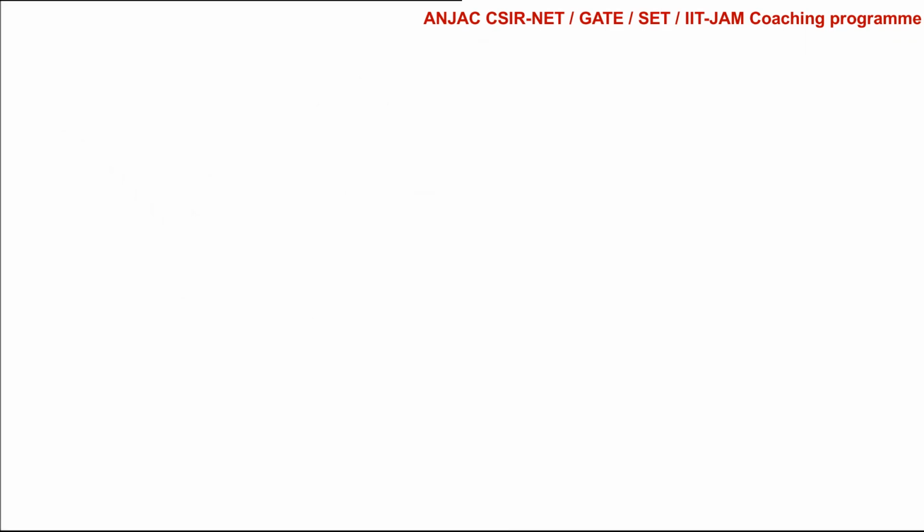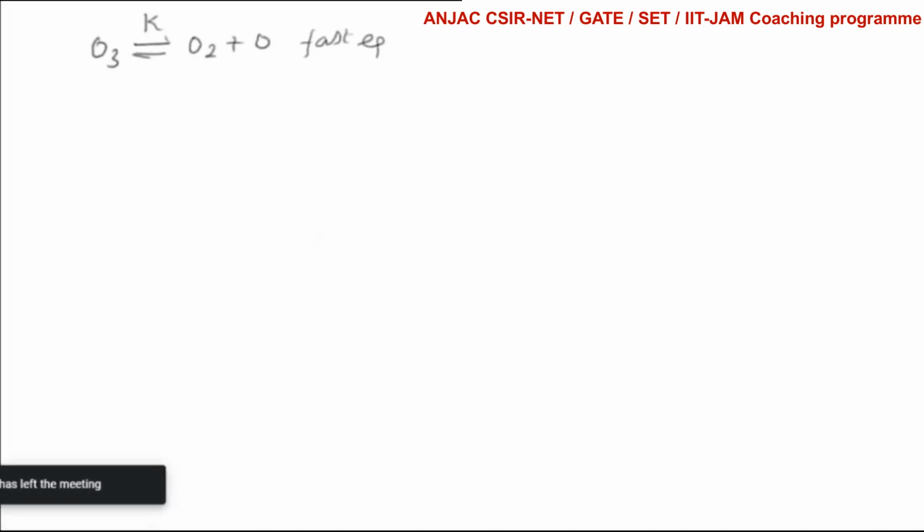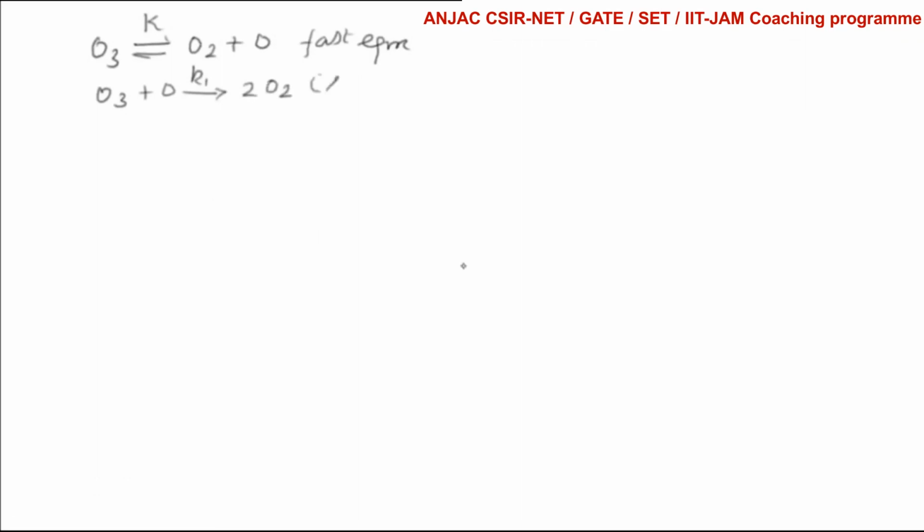Given the steps: O3 in reversible equilibrium with O2 plus O, K, the fast equilibrium. Second, O3 plus O giving 2O2 with K1, is the slowest step.